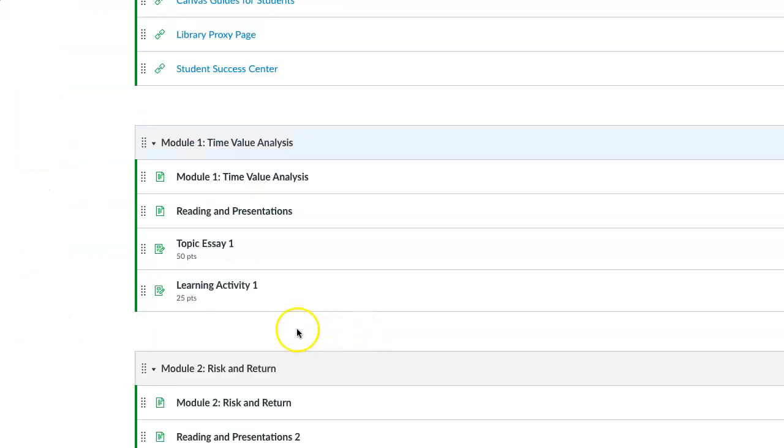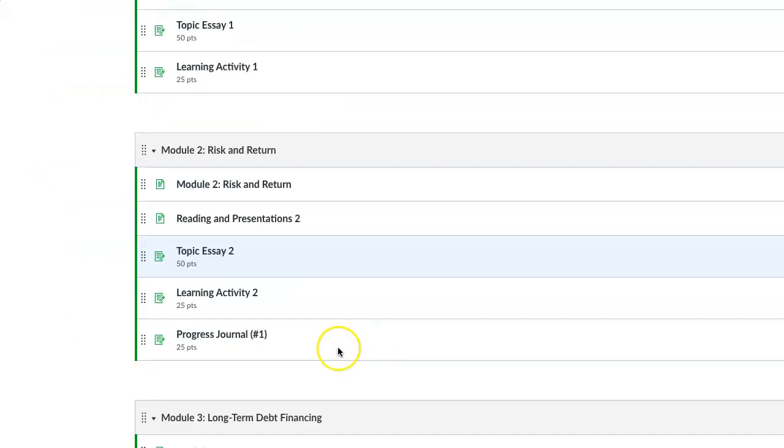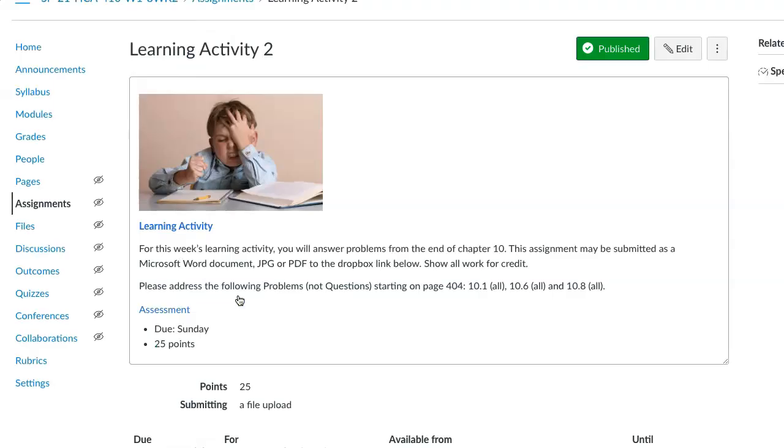In our homework, let's just pick, we're in module 2. In our learning activity, I'm going to update this in a few minutes. I will update it for those folks that have the 6th edition. Here's what you need to do. For those folks that have the 7th edition, here's what you need to do.